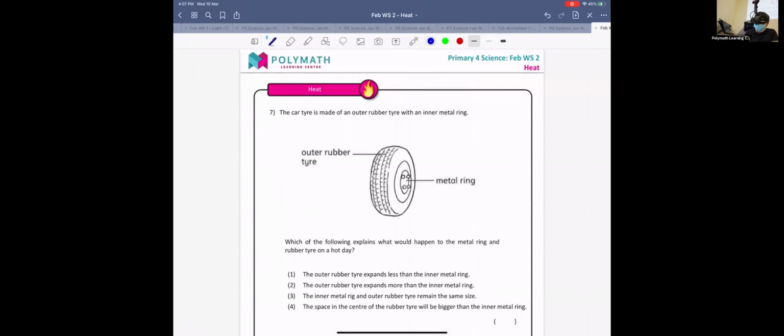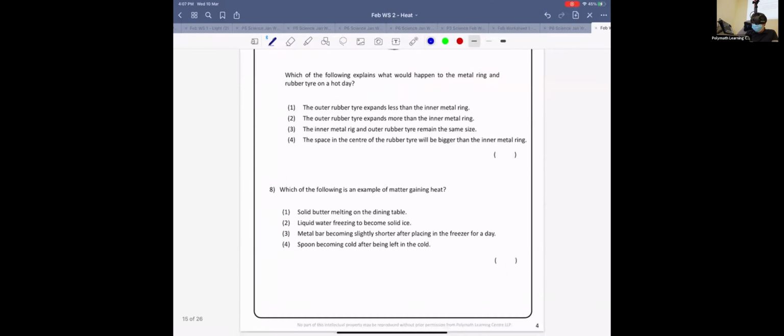The car tire is made out of an outer rubber tire with an inner metal ring. So the outer rubber tire wraps around the metal ring. Which of the following explains what will happen to the metal ring and rubber tire on a hot day? The outer rubber tire expands less than the inner metal ring. This is true, because the outer rubber tire is a poorer conductor of heat. If you are a poorer conductor of heat, you will expand less.